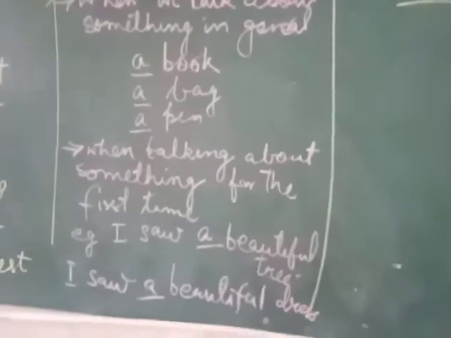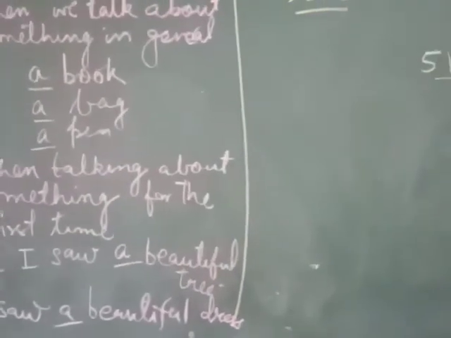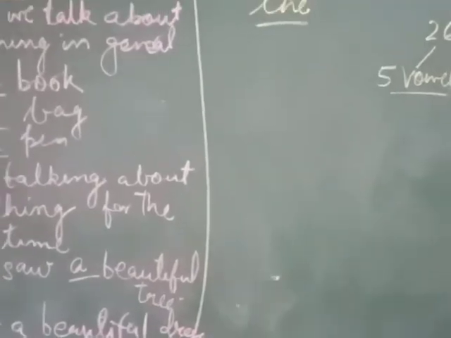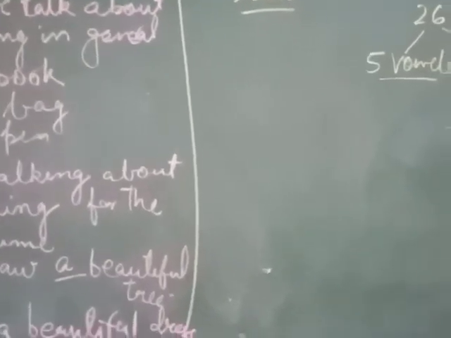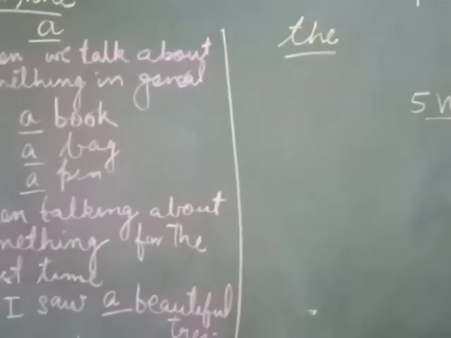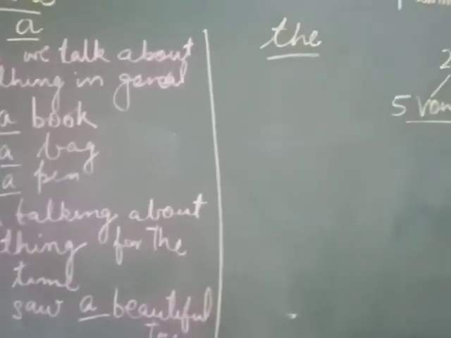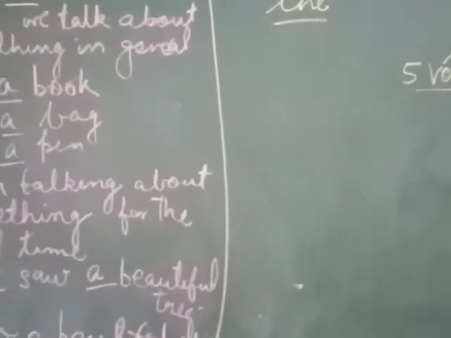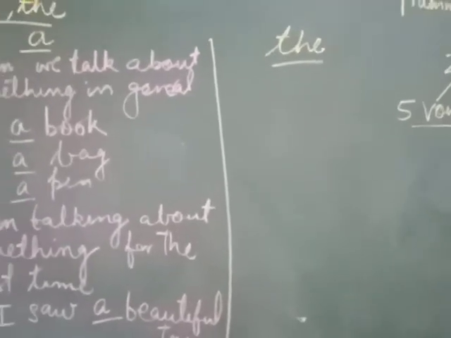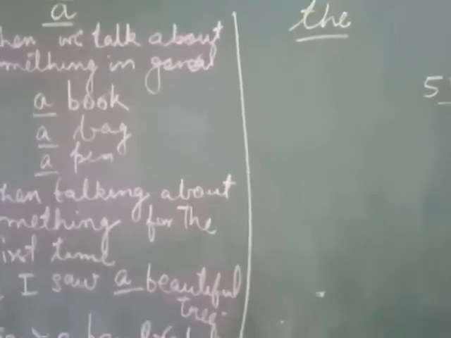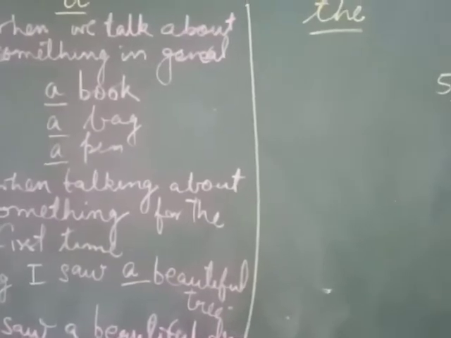Now the last one is The. The and A, they move simultaneously. Like here in A, when we talk about something in general, and in The, when we talk about something specific, a particular thing, like I say the Taj Mahal, the Himalayas, the India Gate.